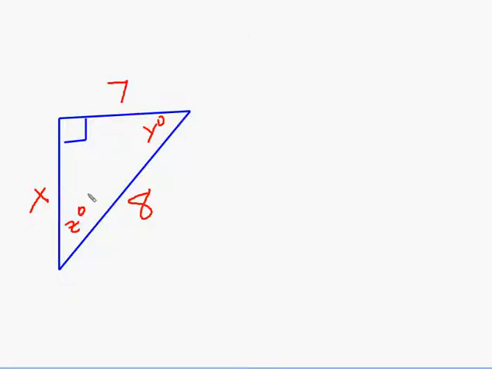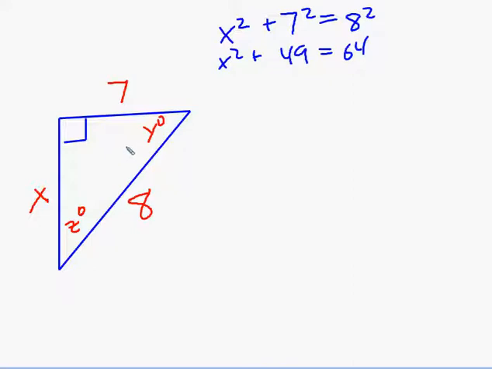All right. So we can find x by Pythagoras' theorem. So x squared plus 7 squared equals 8 squared. So I have 49 equals 64. Subtract the 49, and I get 15, so x squared equals 15, so x is root 15.